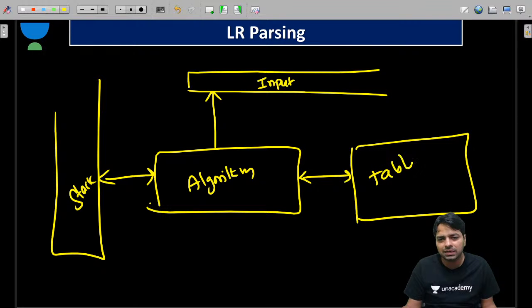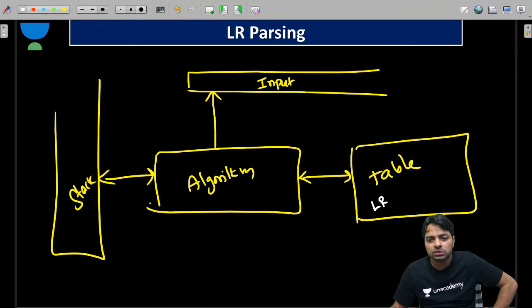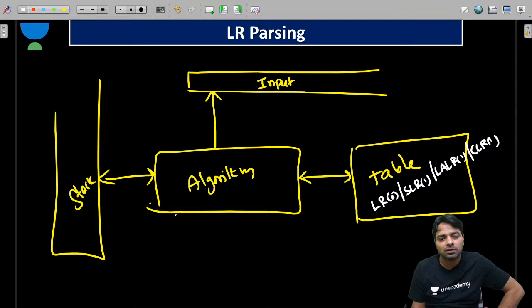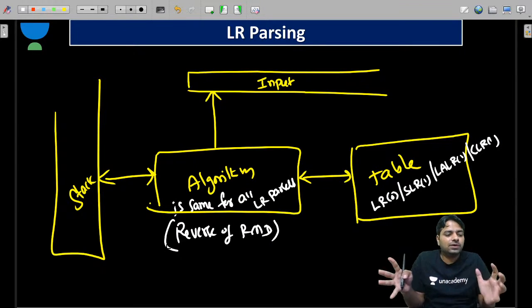We have already built that, and you decide which table you want to use, LR0 or SLR1 or LALR1, because the algorithm is same for all LR parsers. That's the reverse of RMD. Only the table will change. Algorithm is same for all, guys.